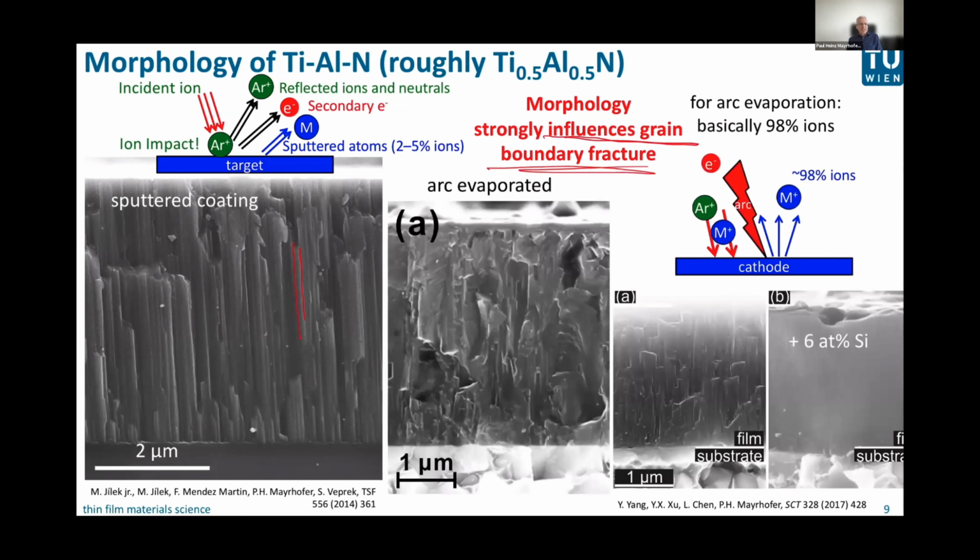If we would investigate just the same chemical composition, but prepared by arc evaporation, where we have way more metallic ions in the plasma as well. By sputtering, we have basically atoms, no metal ions. Here we have also a lot of metal ions. So if we use a bias potential, we can also collect these and increase the kinetics.